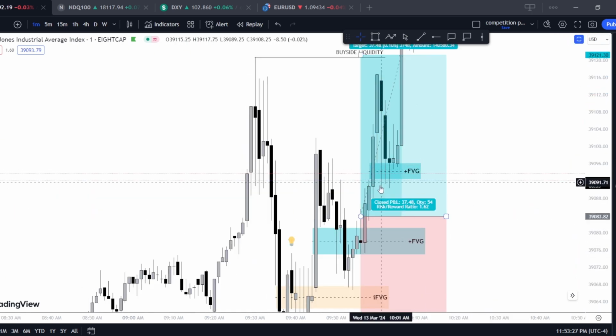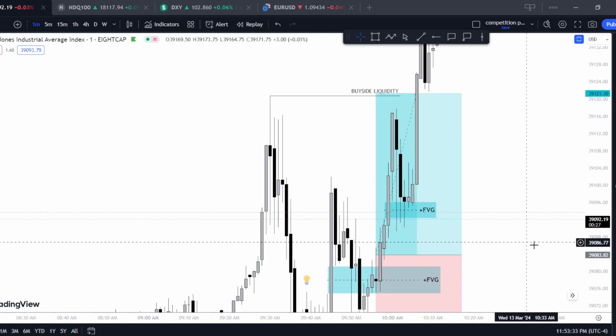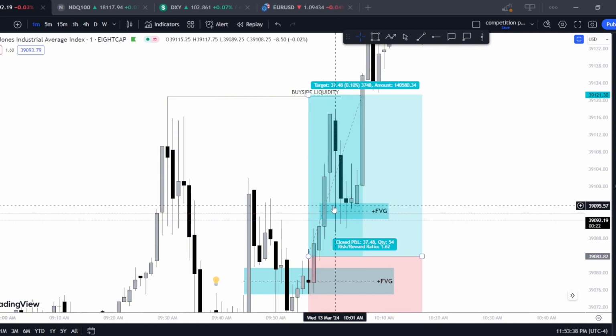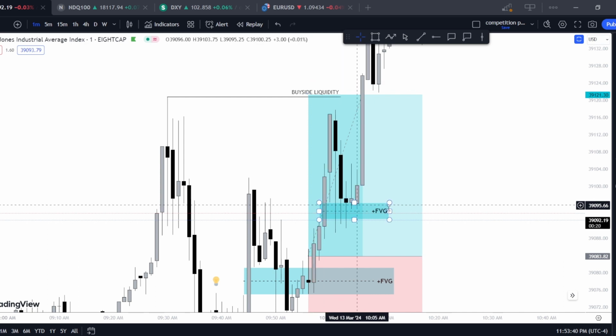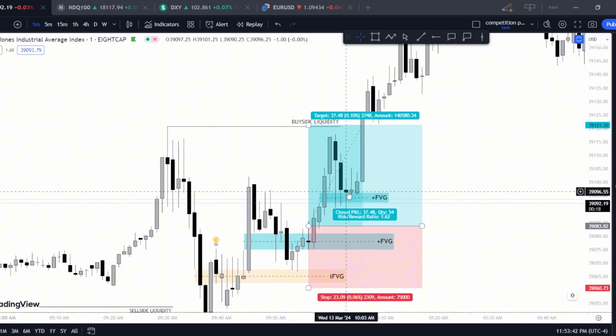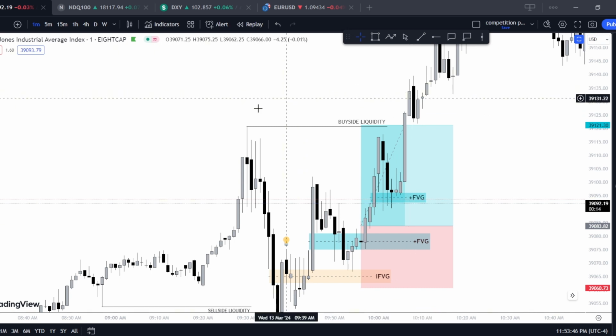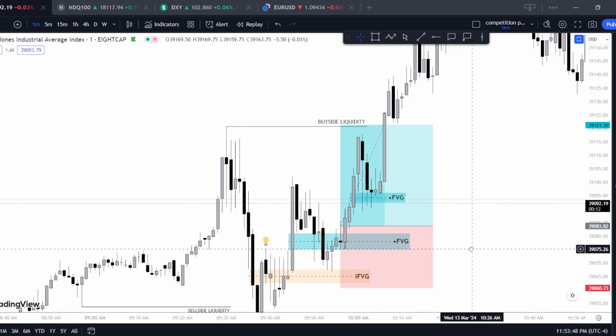The wicks can trade through it, but the bodies will tell you the story. As you can see, the bodies are closing just near the top of the fair value gap right there. And as you can see, price traded to the upside, taking out the buy side liquidity.